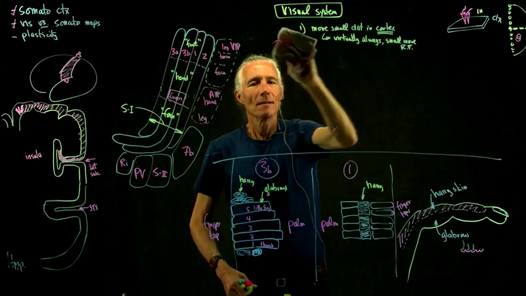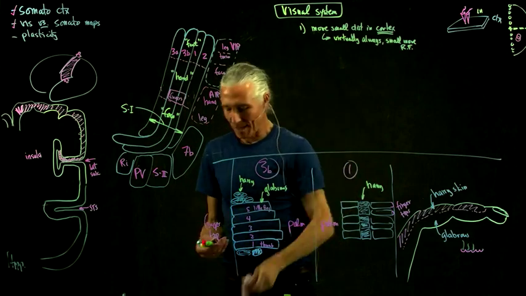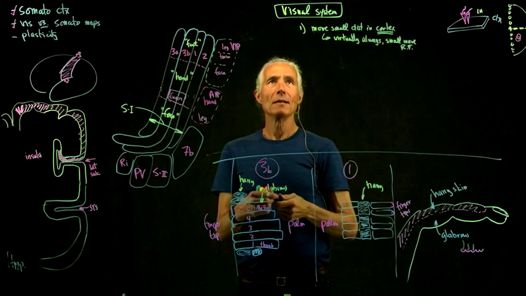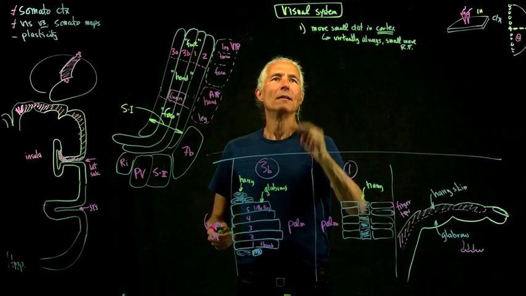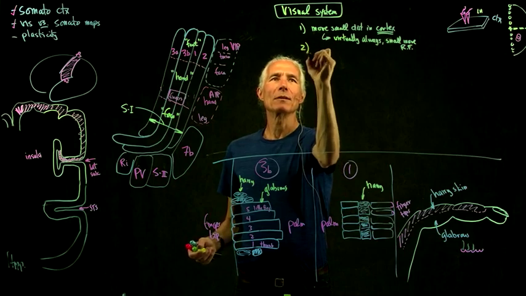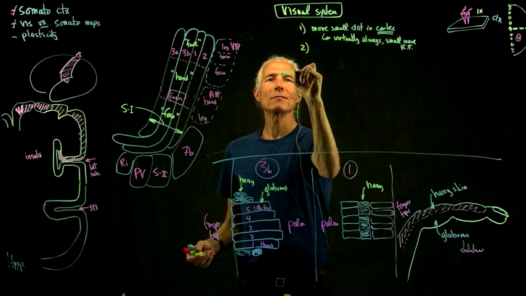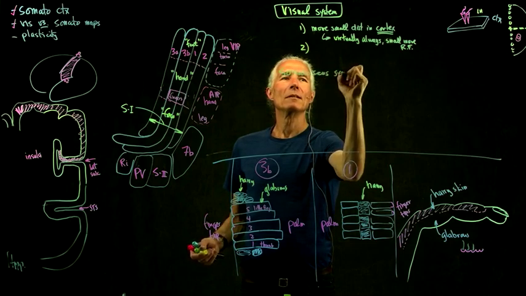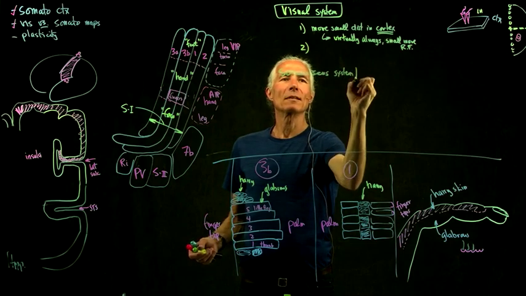But if we look at the somatosensory system, I'm going to leave space for a 2 here. Okay, so if we look at the somatosensory system, it's different. And how is it different?